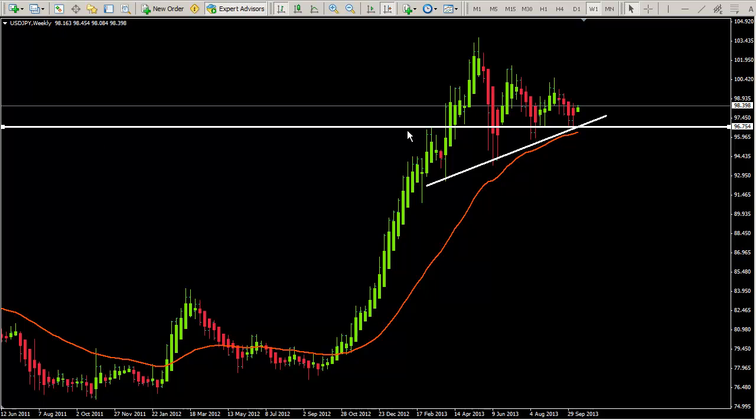So we have horizontal support, we have a trend line support, we even have our trend guide, the 36 EMA, close to that line in the price. So 3 important tools we use are lining up right here.